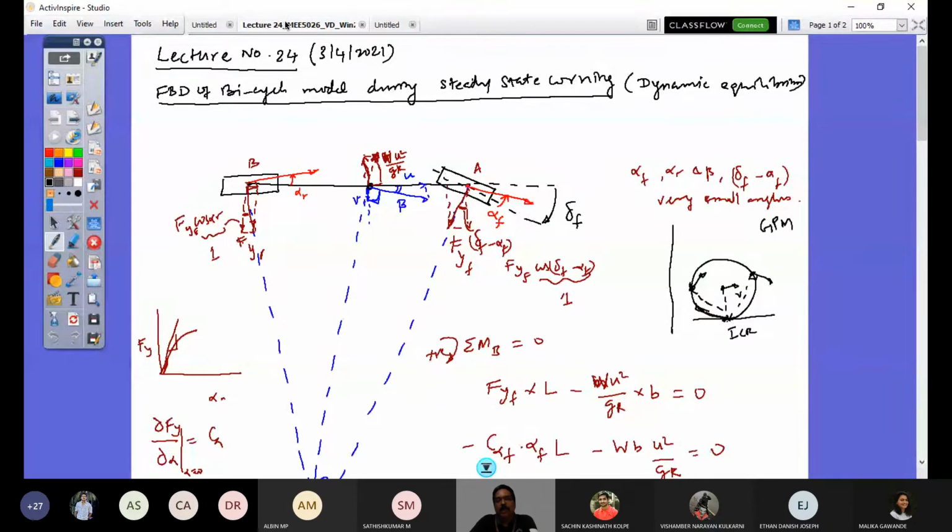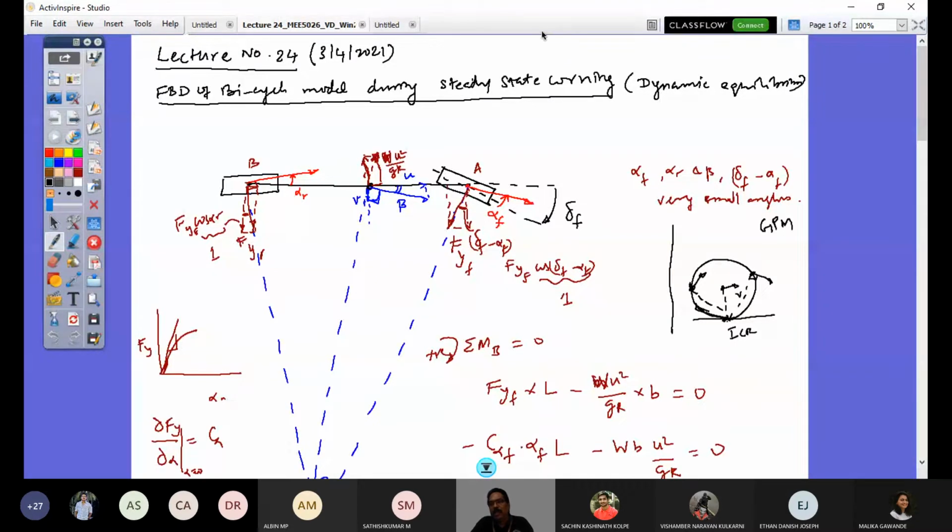Applying moment balance, taking moment at B, you get FIF, and taking moment at A, you get FIR. Since it is steady state cornering, the forward velocity U is constant, and you are able to derive the fundamental governing equation.